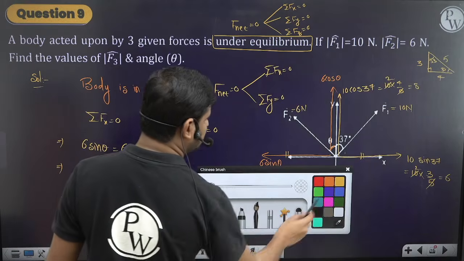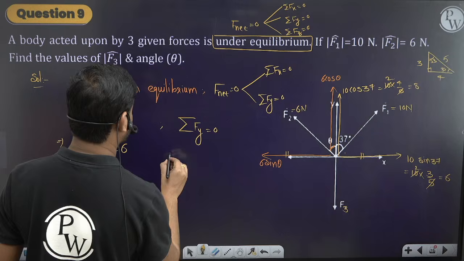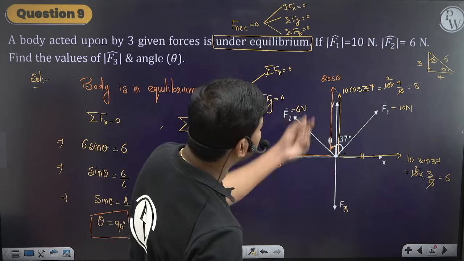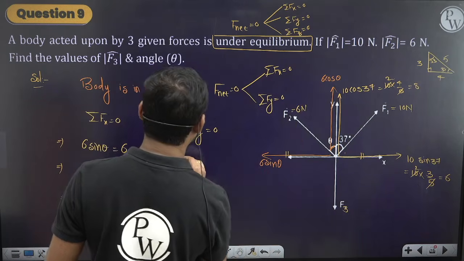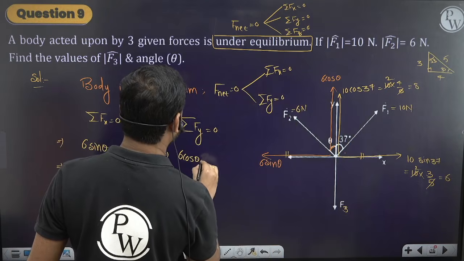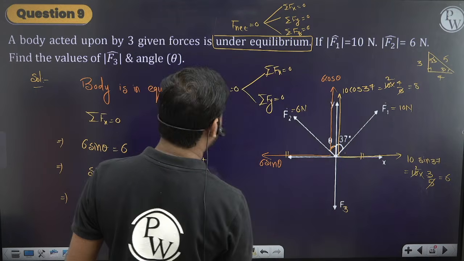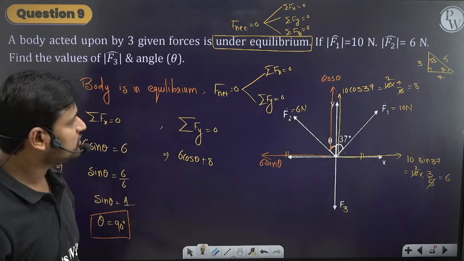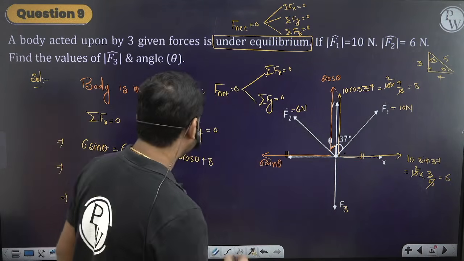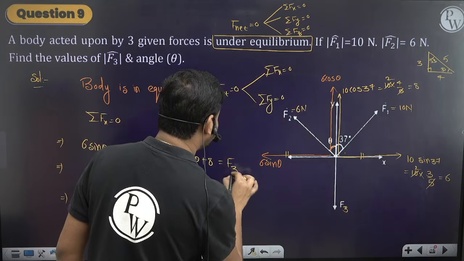And then the summation of forces in the y direction should be 0. What are the forces in the y direction we have got? On the upper side we have 6 cos theta, plus what else is there on the upper side? 8 is there. Yes or no? So 6 cos theta plus 8 must be balanced by F3.